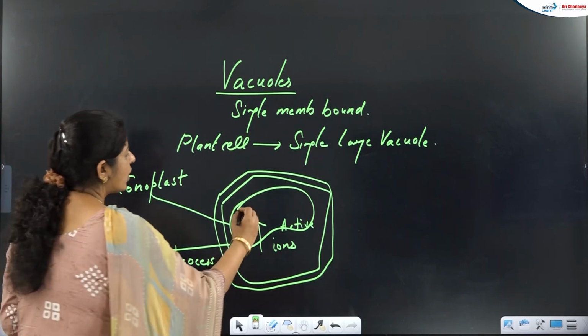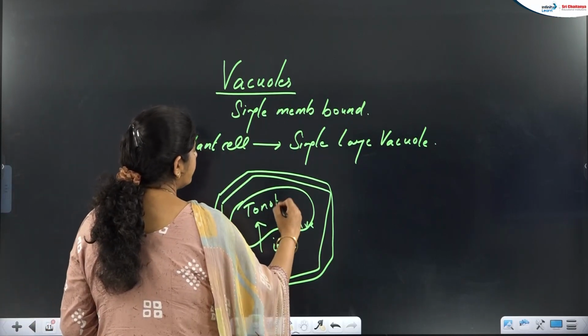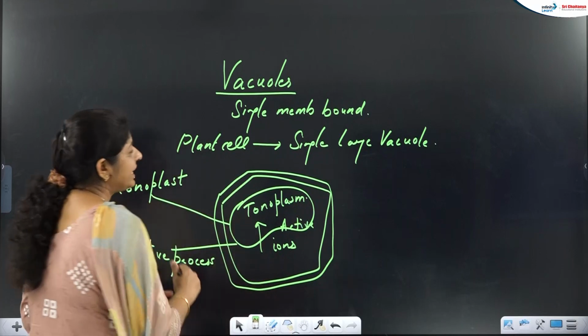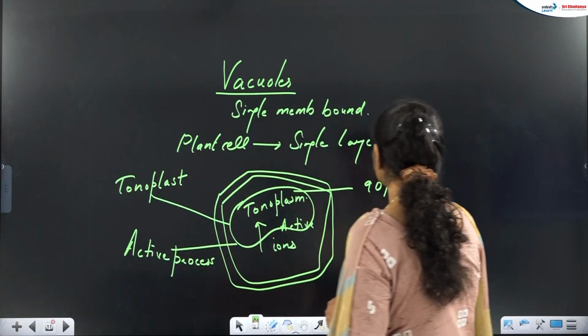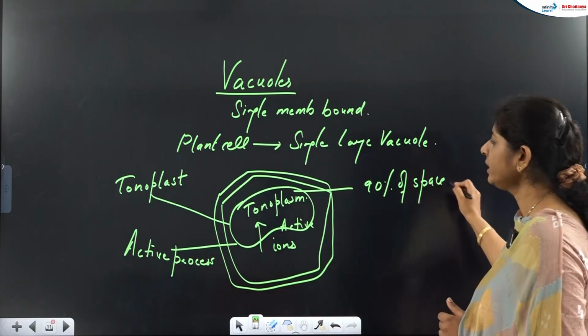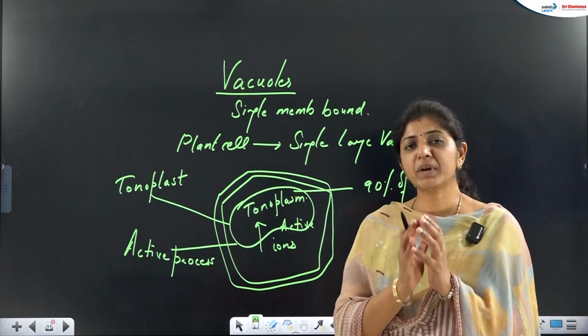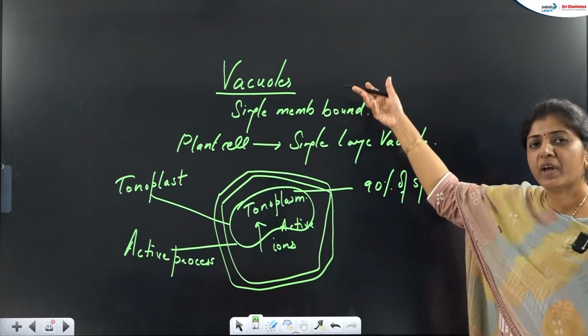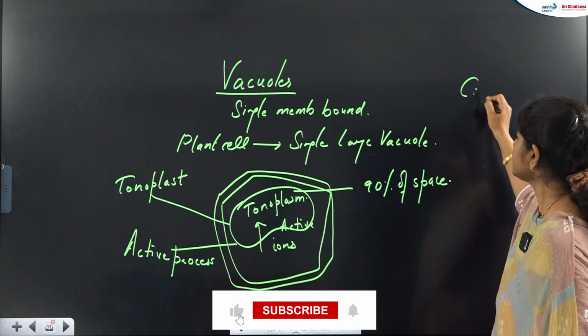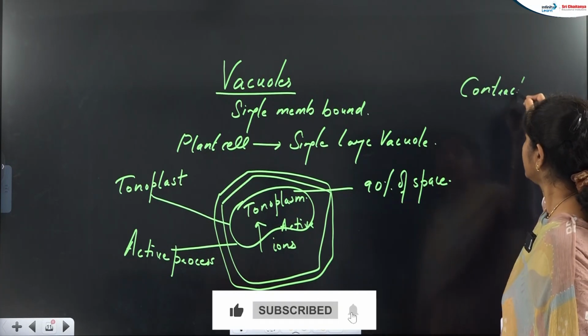And inside, what is present over there? Tonoplasm. And in the plant cell, approximately 90% of the space is covered by the single large vacuole in a mature cell, right? Even in amoeba, another type of vacuole is there which you call the contractile vacuole.